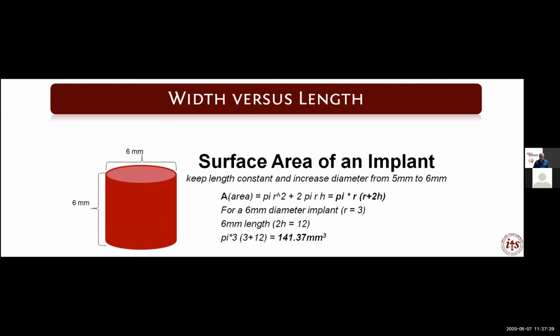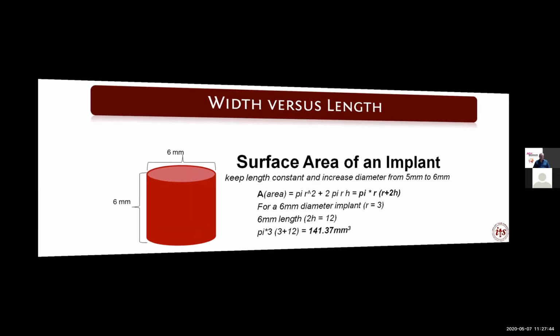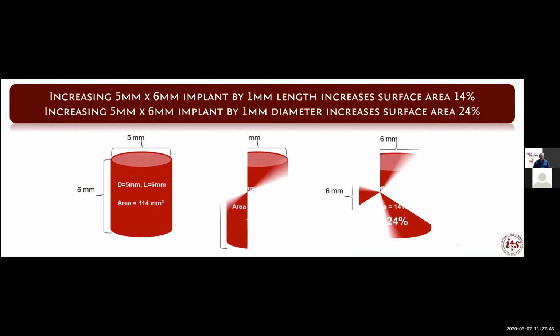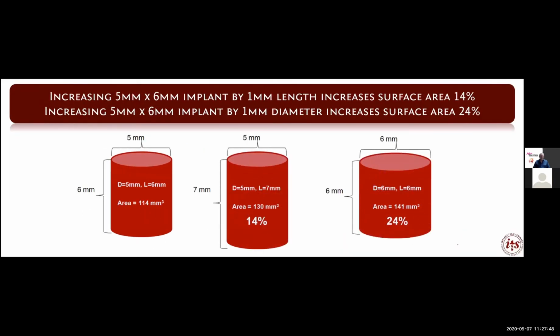The other question that gave rise to is, what is the importance of the width of the implant versus the length of the implant? What's more important, width or length? Well, if we start off with an implant that is 5 millimeters by 6 millimeters, there is about 114 square millimeters of surface area.